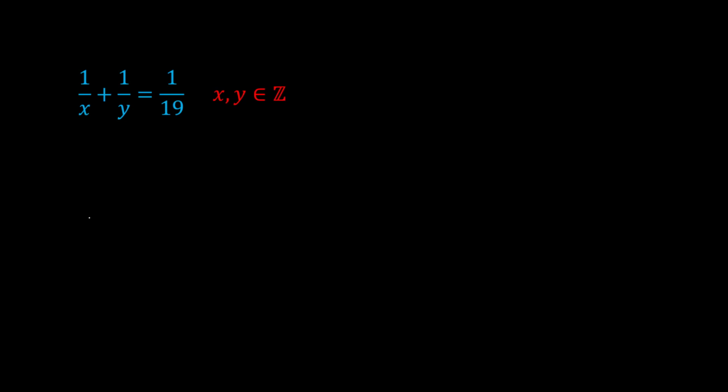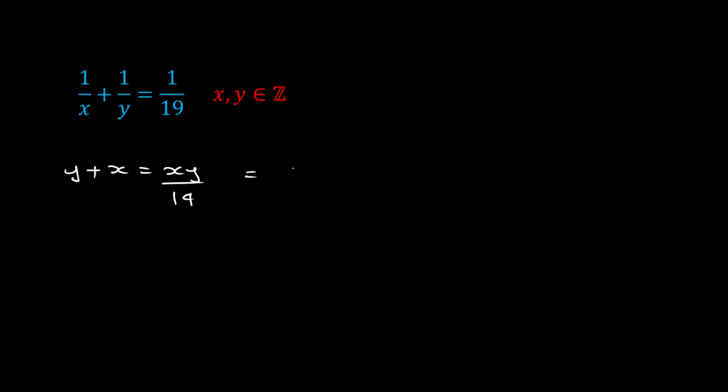So what I'm going to do is multiply the left-hand side and the right-hand side by xy. In multiplying the left-hand side by xy, we would now be left with y plus x is equal to xy over 19. Now, let's rewrite this equation to get rid of the 19 on the denominator.